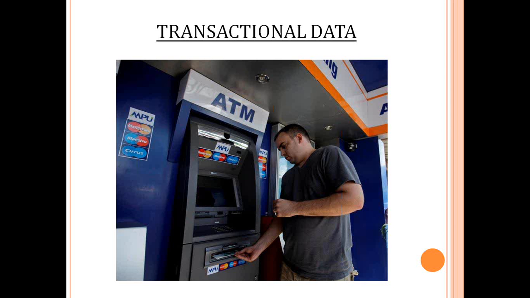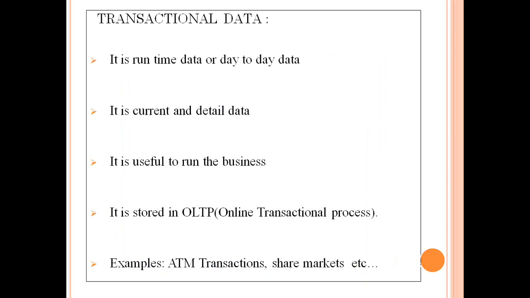There you cannot sit and analyze your total business or your total data. And it is stored in a system called OLTP, online transactional process. Online transactional process means all the daily transactions will be placed in a system called OLTP.